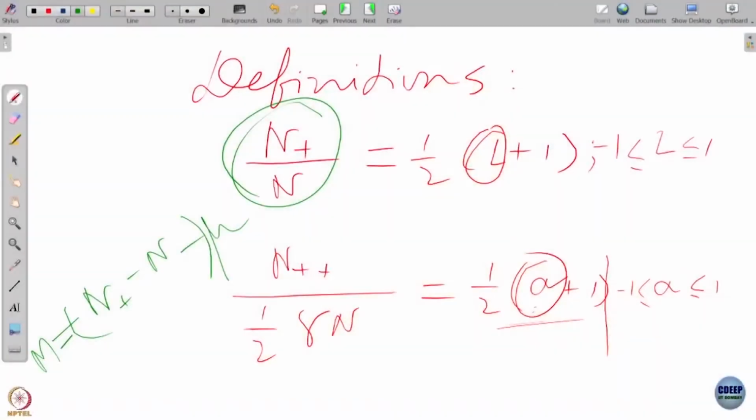N plus plus, on the other hand, is a microscopic quantity, and I do not have any handle on that, except I know that when many spins are up, there is a ferromagnetic state. To be a ferromagnetic state, all you have to do is n plus greater than n minus, okay.